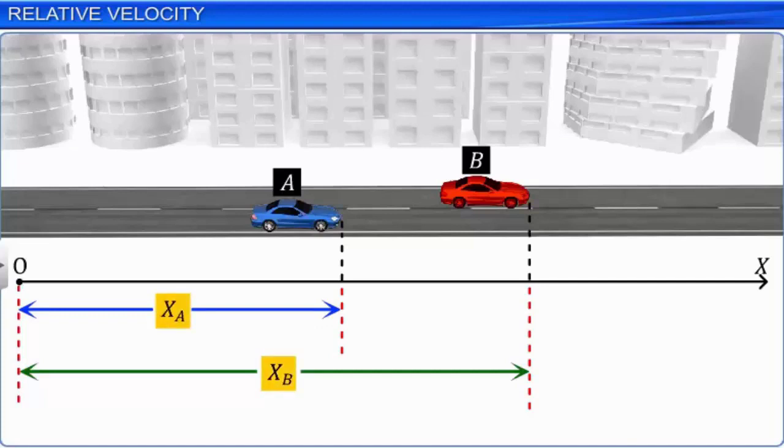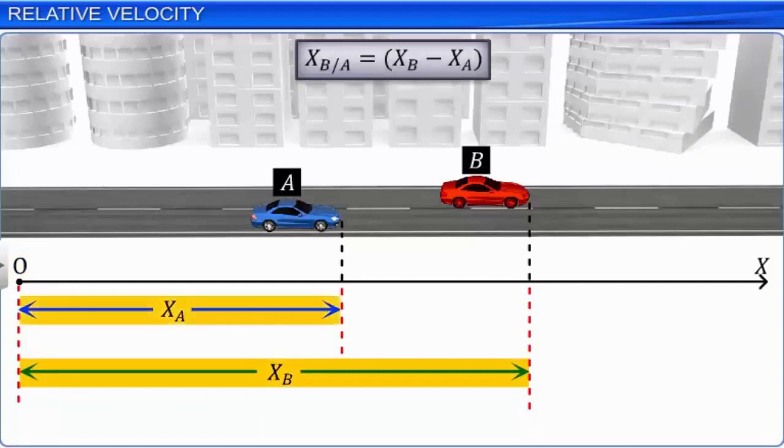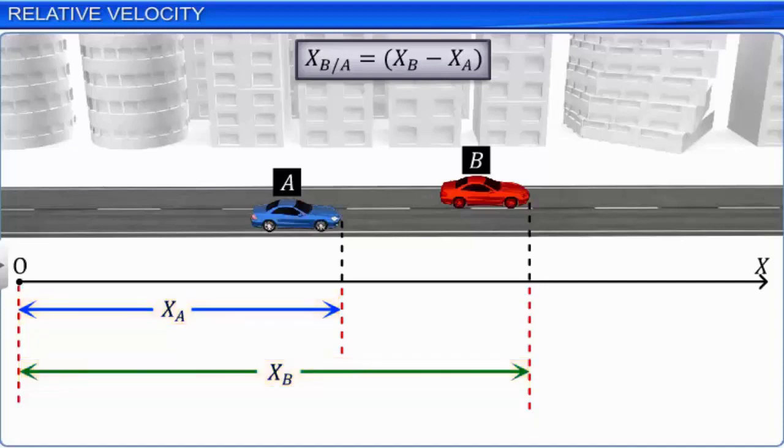This implies that A is at a distance xA with respect to origin O, and B is at a distance xB with respect to the same origin O. This implies that the distance is measured with respect to the fixed point O, which is the origin. xB − xA is the relative position coordinate of B with respect to A and is denoted by xB/A. When both A and B are moving, we take the distance at a particular instant.